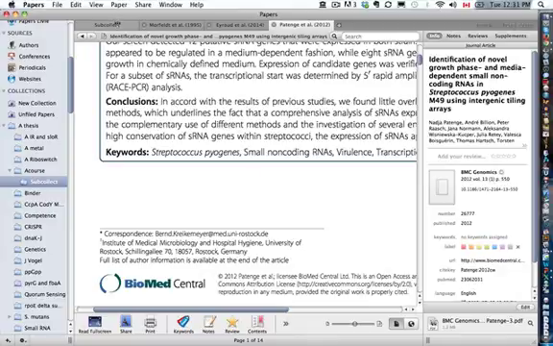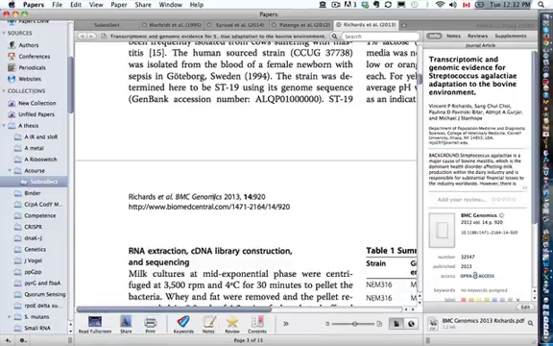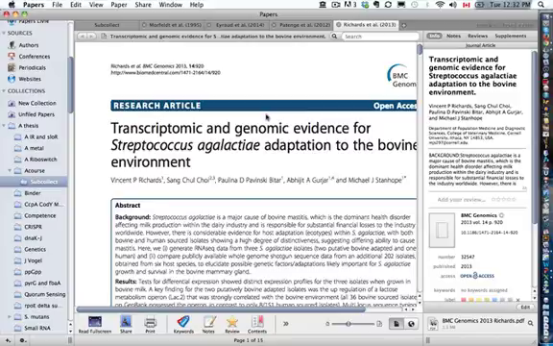Then the third paper, Transcriptomic and Genomic Evidence for Agalactiae, is written by a guy by the name of Richards, Vincent Richards. So this paper's in BMC Genomics, and they're looking at Streptococcus agalactiae.